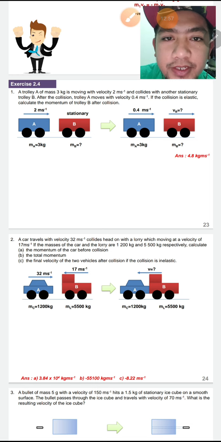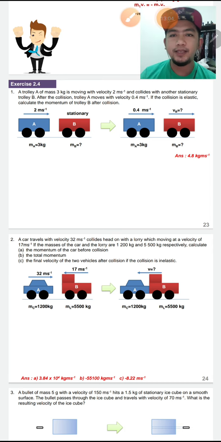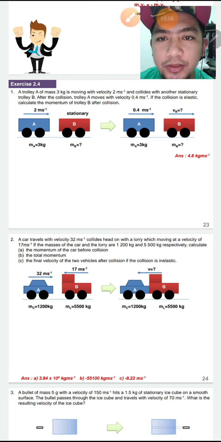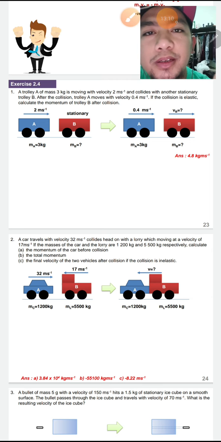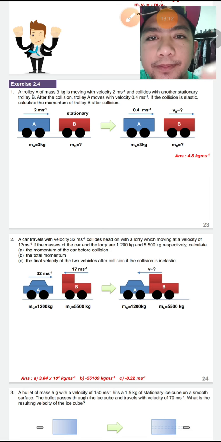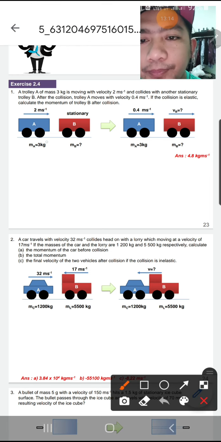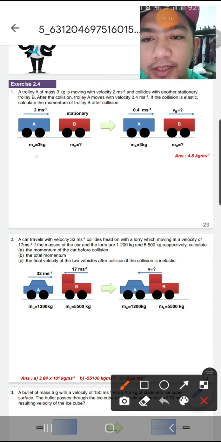If the collision is elastic, calculate the momentum of trolley B after collision. So we need to find the momentum. How to solve this? The first step, make sure you write the formula. This is elastic collision, already stated in the question.